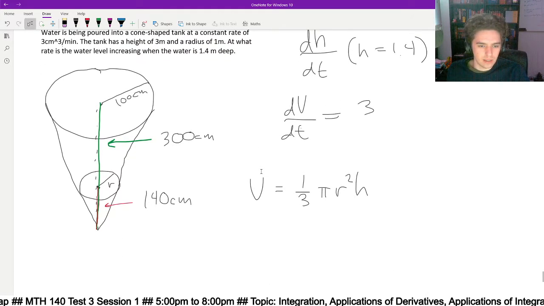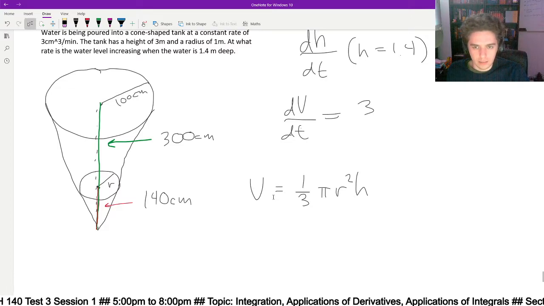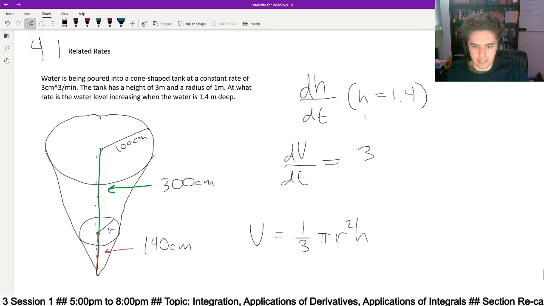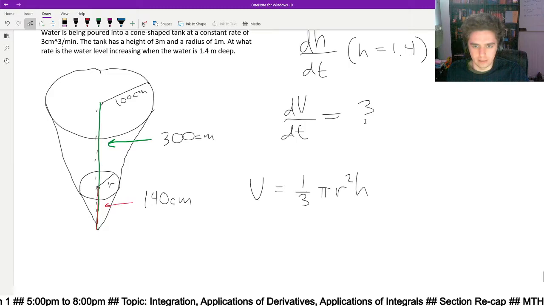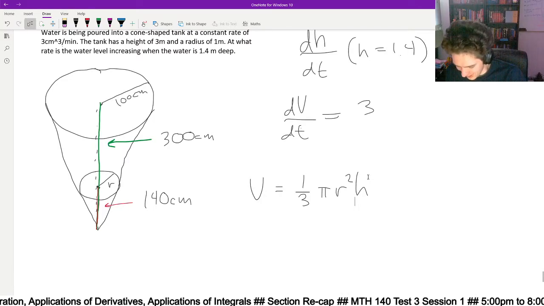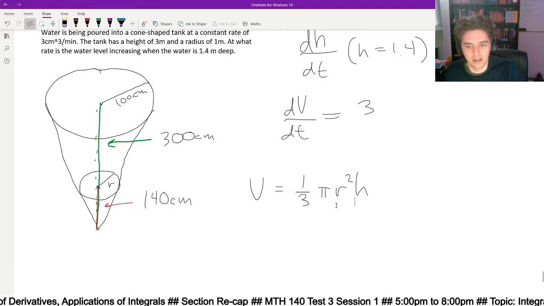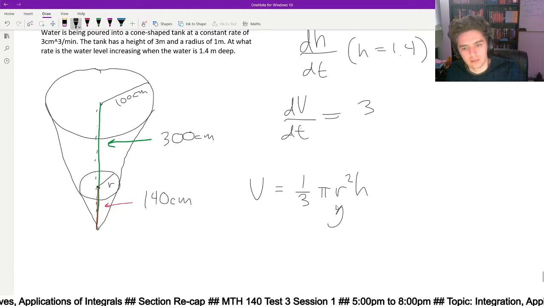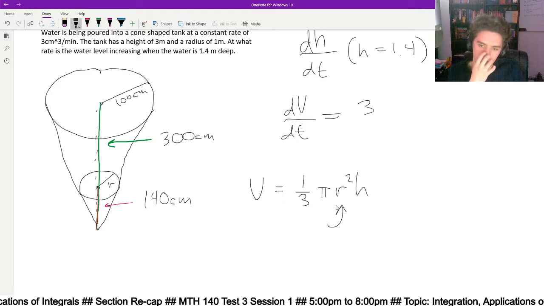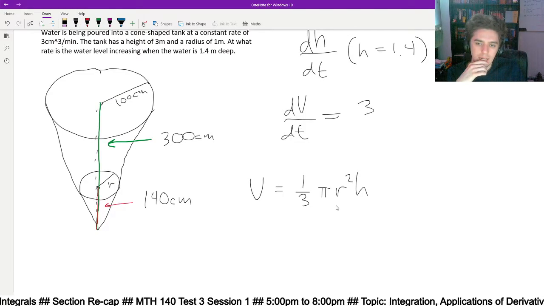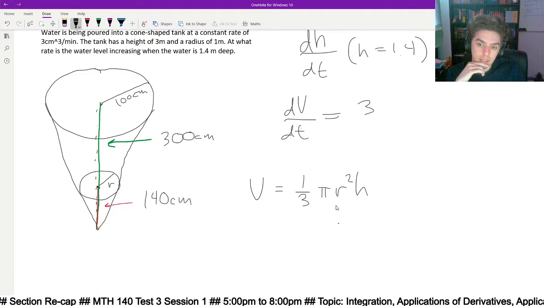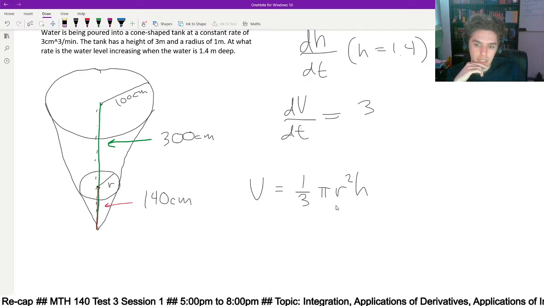So that's the volume. We're looking for dh by dt. So let's check here now. We don't want an r here, because if I take the derivative of this implicitly, I would end up with dr by dt here.